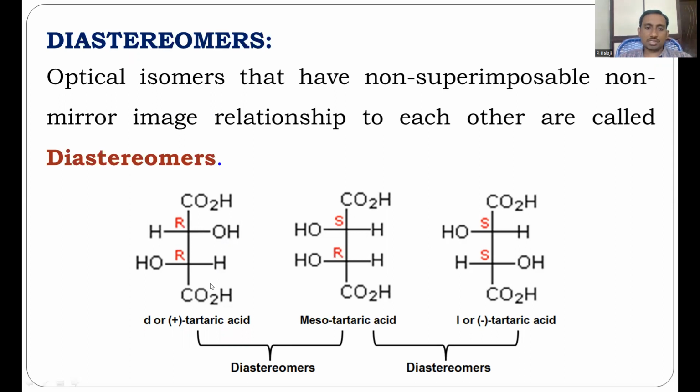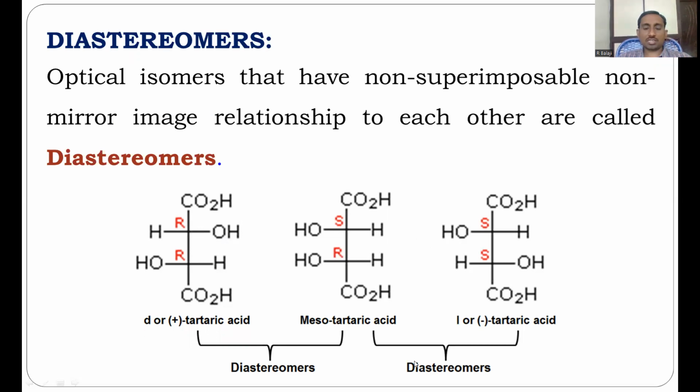Clearly observe, D-tartaric acid and meso-tartaric acid are non-superimposable and also non-mirror images. Both have a diastereomeric relationship, and also meso-tartaric acid and L-tartaric acid are non-superimposable and non-mirror images. So it is called a diastereomeric relationship.